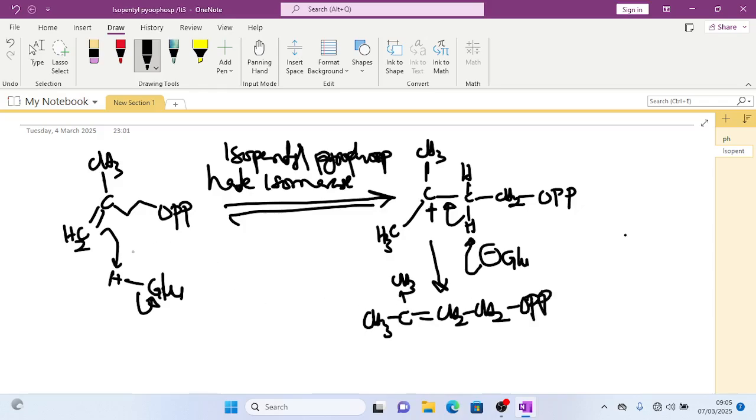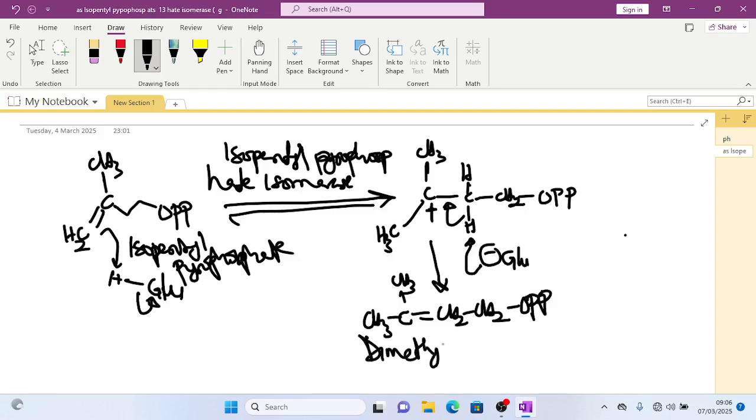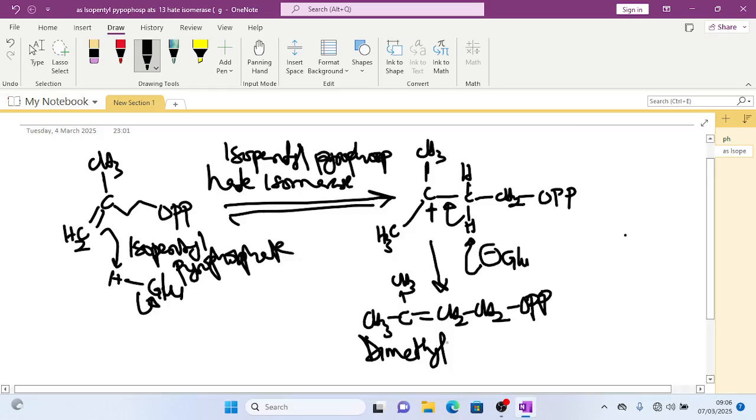Okay, so this one here, which we started with, is the isopentenyl pyrophosphate. While the newly formed isomer of isopentenyl pyrophosphate is dimethyl allyl pyrophosphate.